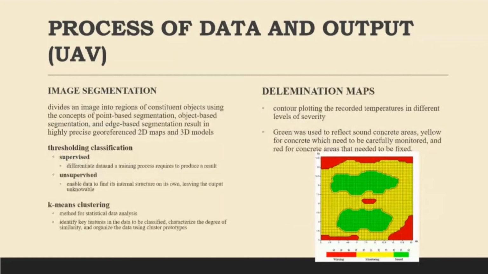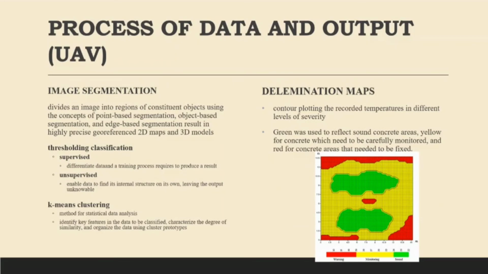Image segmentation was done by dividing an image into regions of constituent objects using the concepts of point-based segmentation, object-based segmentation, and edge-based segmentation, resulting in highly precise georeferencing to the maps and 3D models.